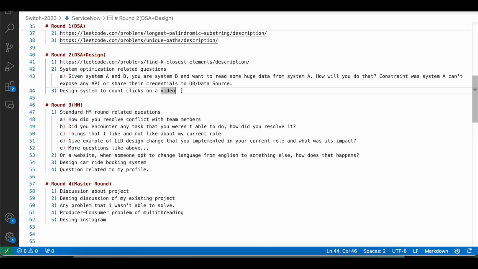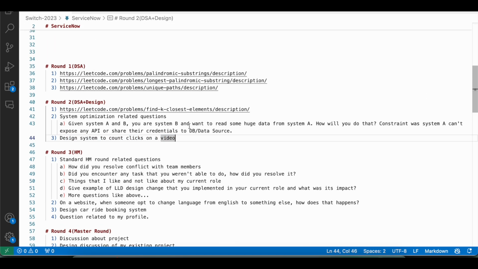In this question he was not interested in delving into the low-level design, but more in how I would go about thinking about the solution, what approach I would take, what services I would have, and what schema I would have in the database. Around these we had discussions.